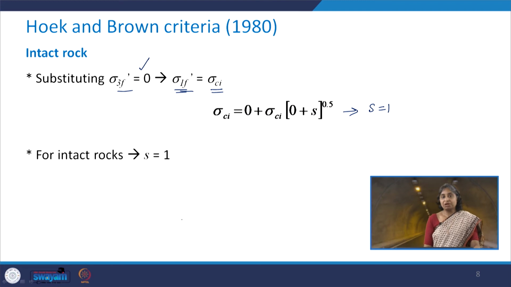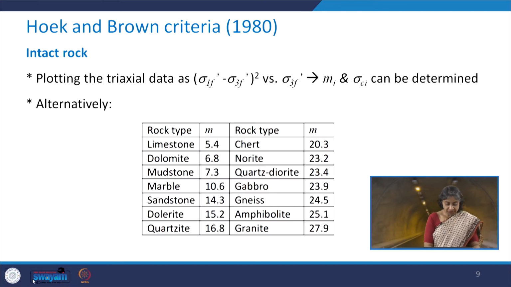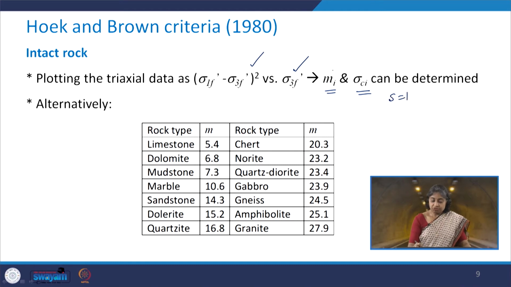So, kindly remember that for intact rocks, this parameter s of the Hoek and Brown criterion becomes equal to 1. Now, when we plot the triaxial test data as (sigma 1f prime minus sigma 3f prime) whole square versus sigma 3f prime, you can determine mi and sigma ci, because for intact rock s is equal to 1. So, we end up having two parameters, mi and sigma ci, that we can obtain from the triaxial test data.